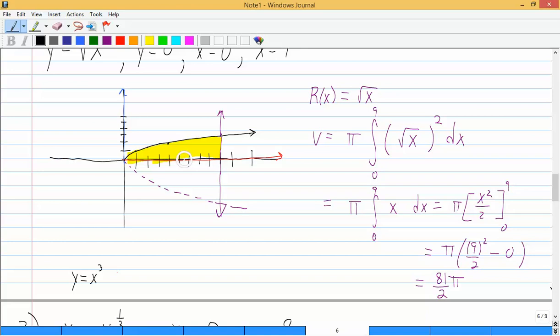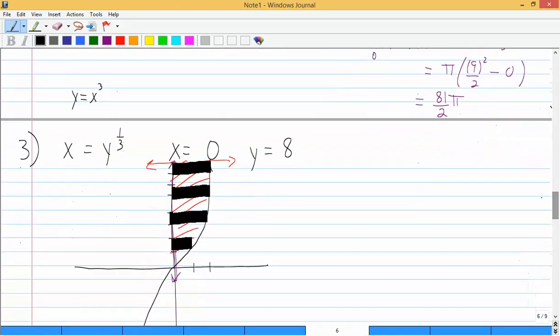That gave us the height of the rectangle. I didn't say minus 0, but since we're bounded below by that axis, that's what we're actually doing. So here, our r of y, which is the radius of our disk, is going to be equal to y to the 1/3.